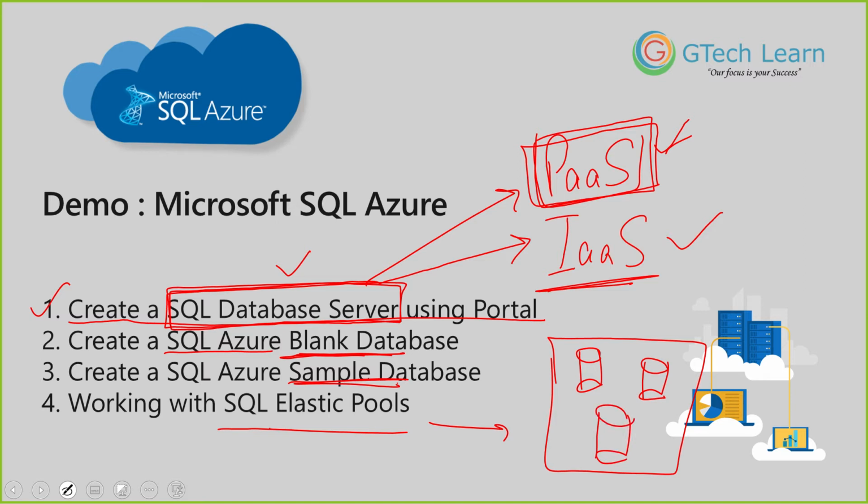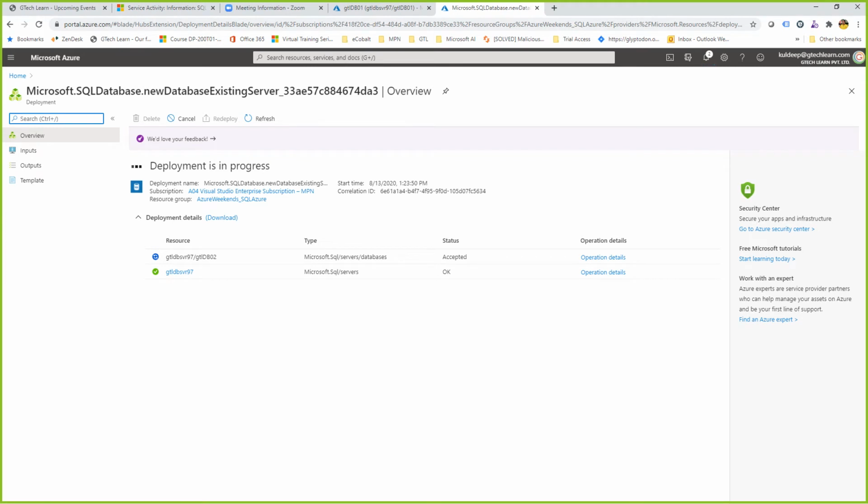This logical container will have compute and storage associated with it, and that compute and storage will be shared among these databases. So what we have done so far, we created 2 databases, and we understand that when we were creating every one of them, it was asking us to select compute and storage.